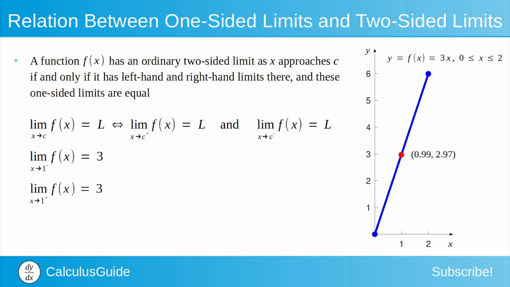This function also has right-hand limit 3 at x is equal to 1. These one-sided limits are equal, so the function f of x has two-sided limit 3 as x approaches 1.